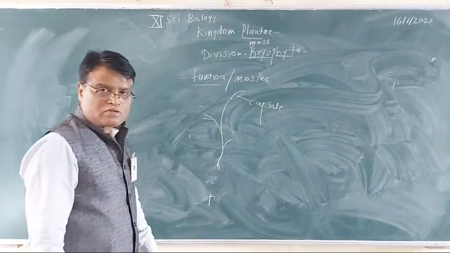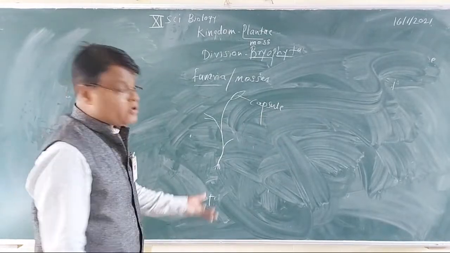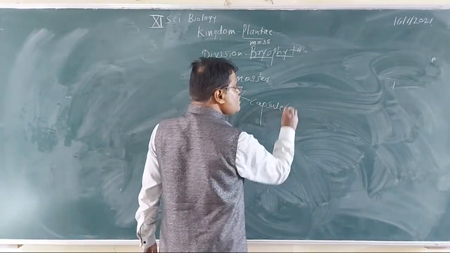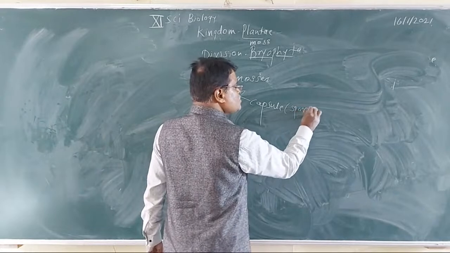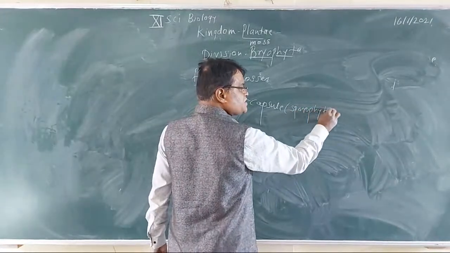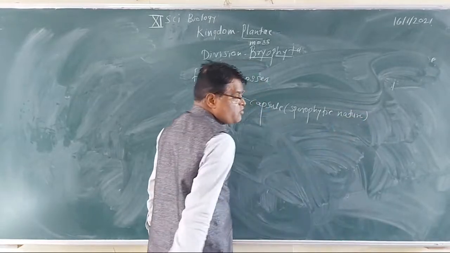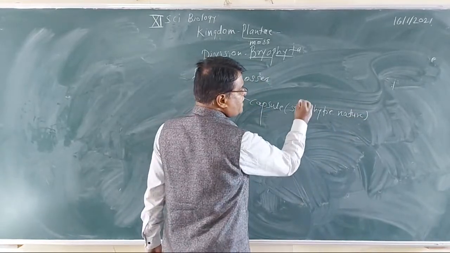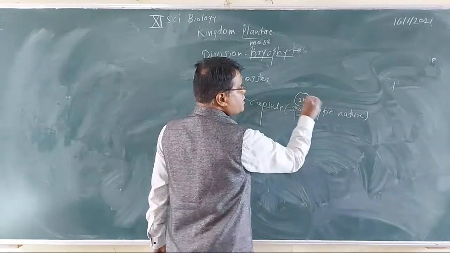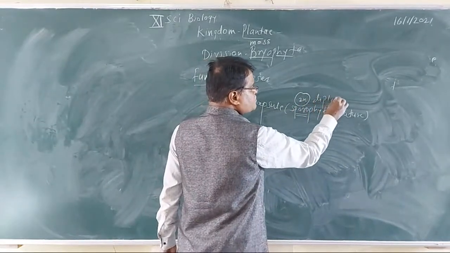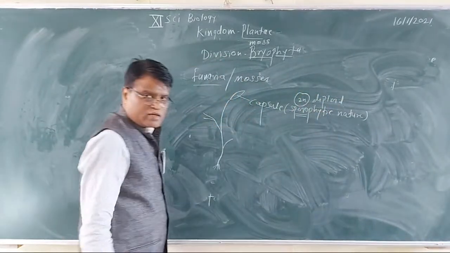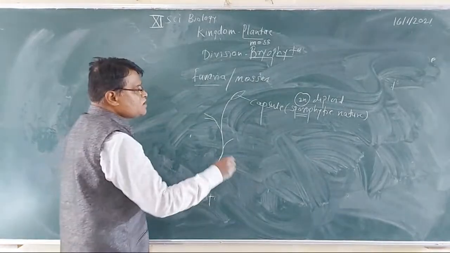The capsule produces the spore. That is why the capsule is sporophytic in nature. The sporophyte is diploid. It is the diploid condition, a 2N number, diploid condition, isn't it?